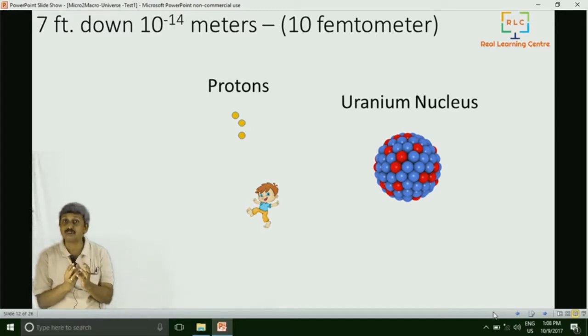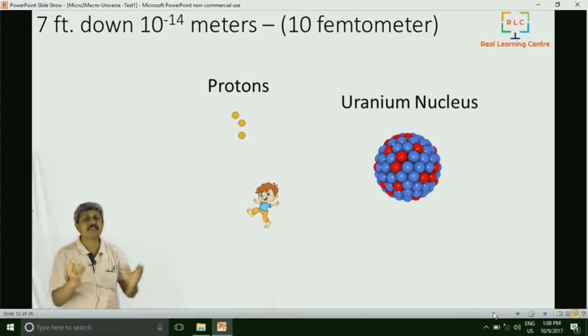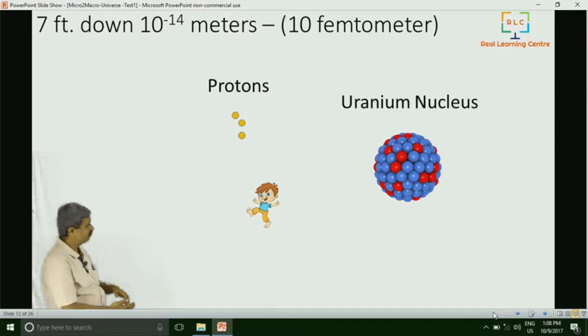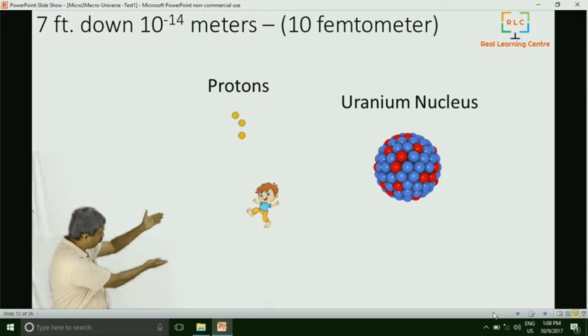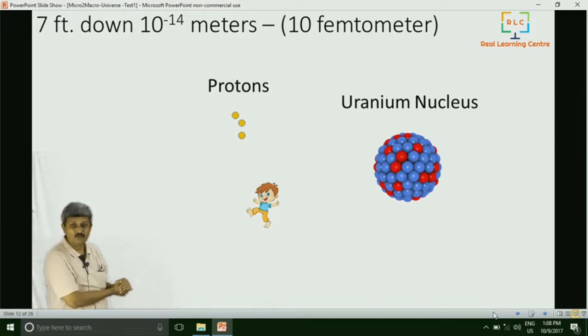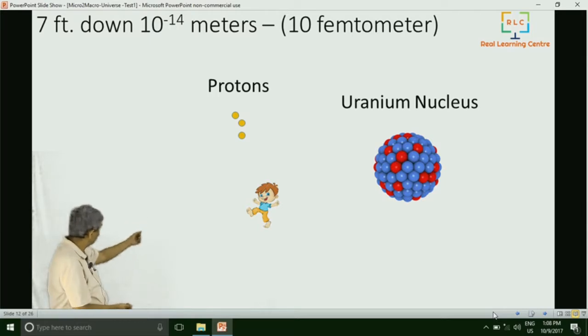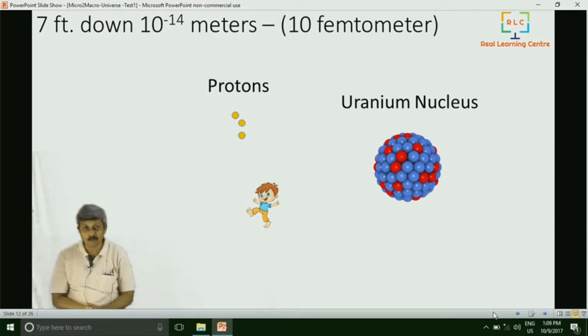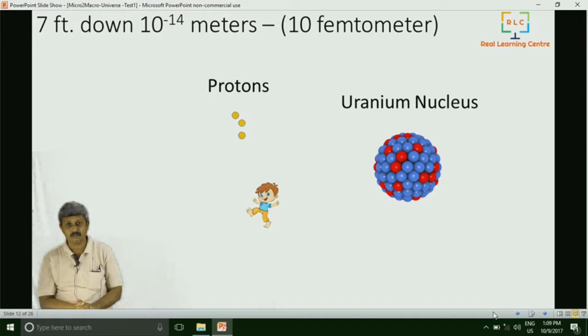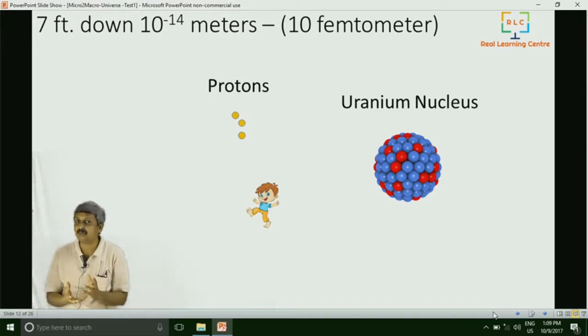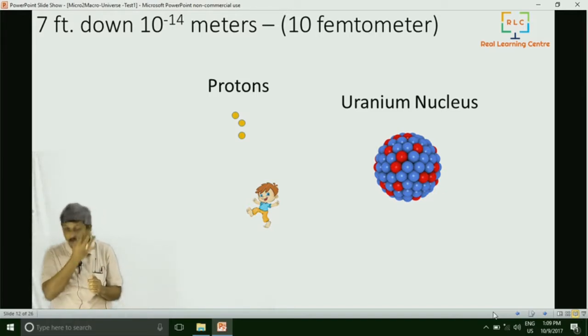The biggest nucleus, like the uranium nucleus, you can see as something like a football size, and the protons are small, tiny things going around here. So you are almost at a size less than the uranium nucleus.